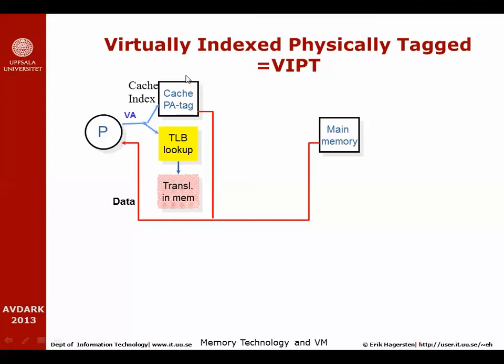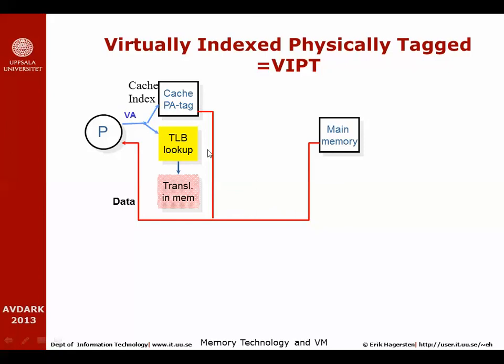If we make this cache small enough, or if the index bits that we need here are the least significant bits, those bits that will not change when we go from a virtual address to a physical address, then we can actually use the virtual address to index into our cache.